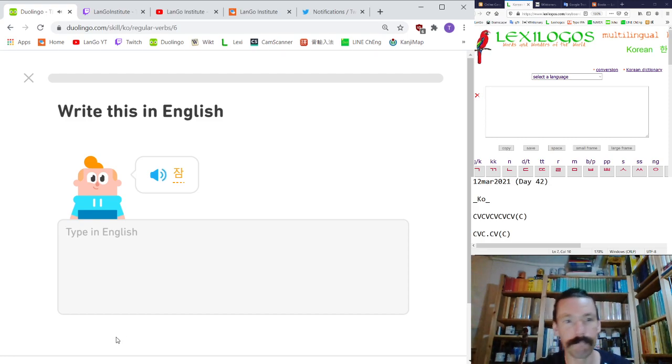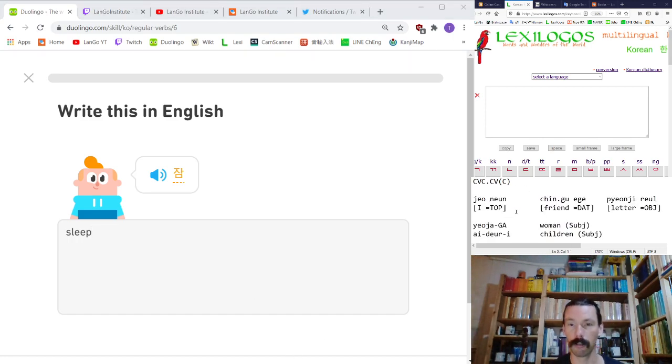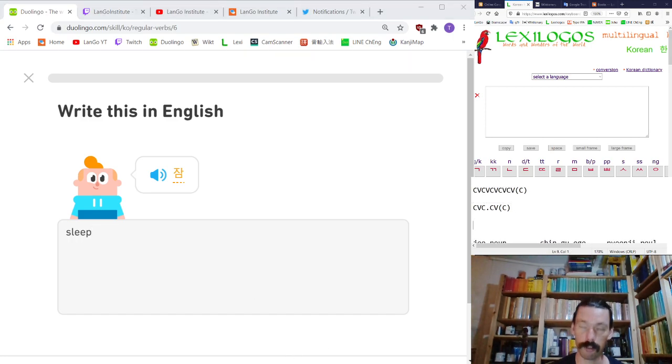잠, sleep. Same sounds roughly as in please, different order. 자다 for the verb. 자요 and 잠 with an M suffix. So what am I talking about? Word structure in Korean. You can have these things called verb roots with an inherent meaning in them. And here we have one, 자, as in 자다, means to sleep.